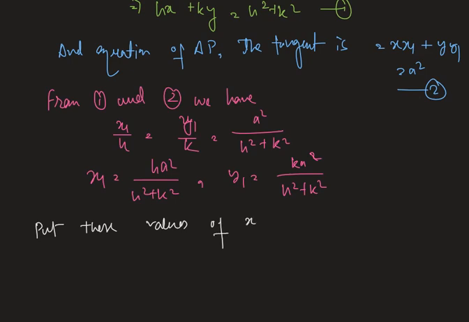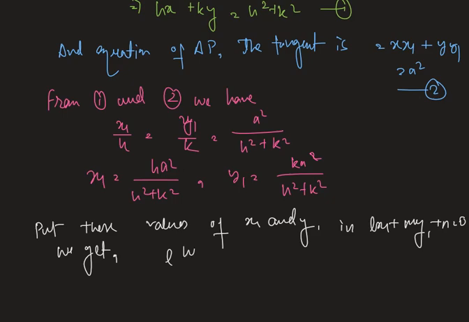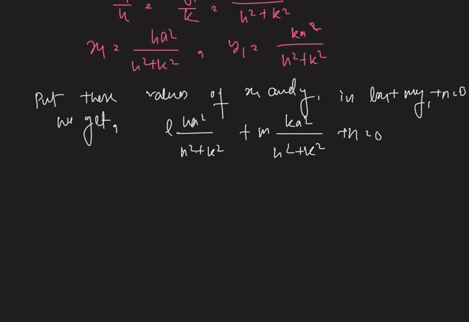Putting the values of x1 and y1 in Lx1 plus My1 plus n is equal to 0, we get L h a square divided by h square plus k square plus M k a square divided by h square plus k square plus n is equal to 0.